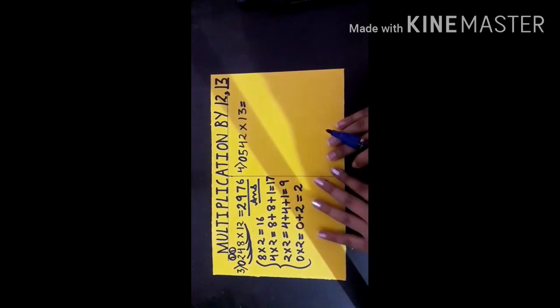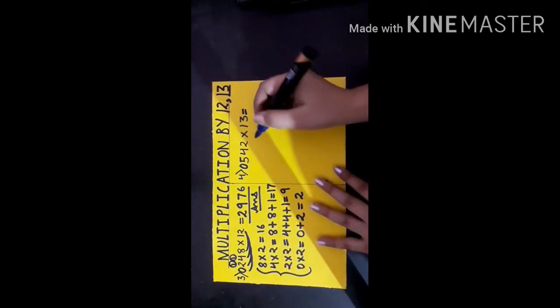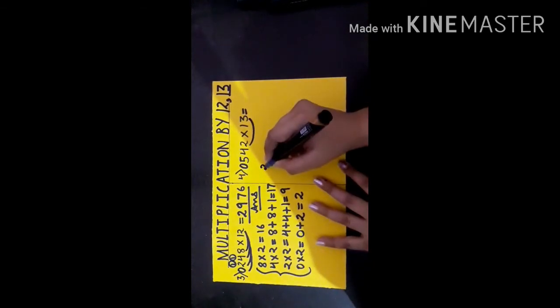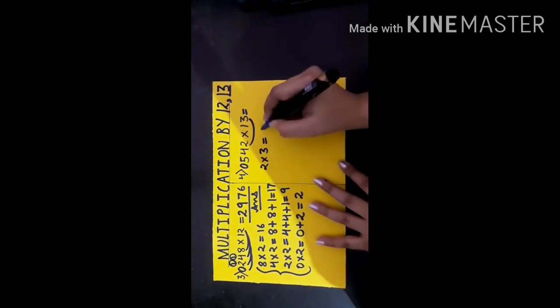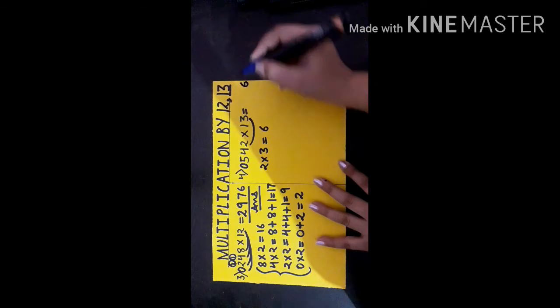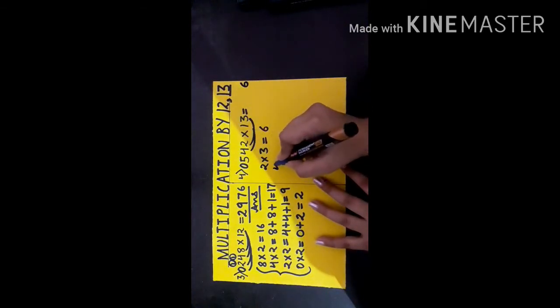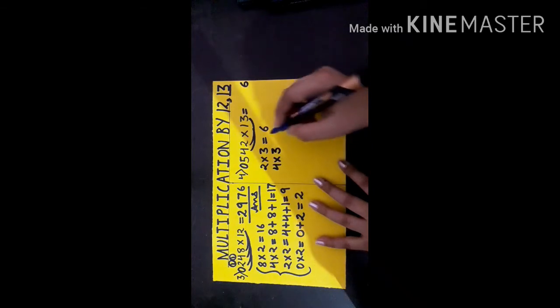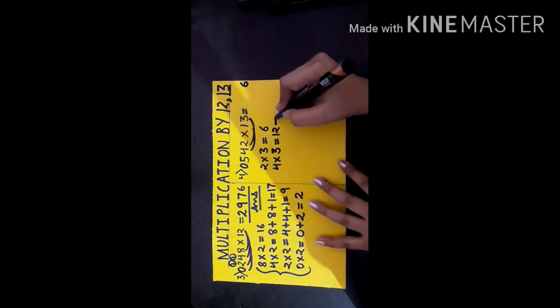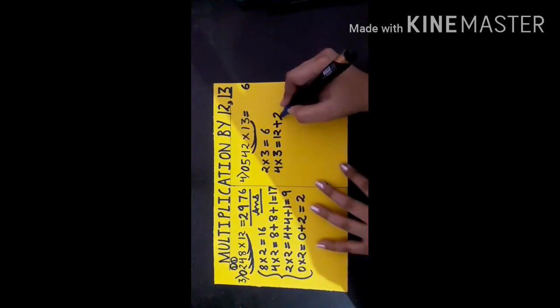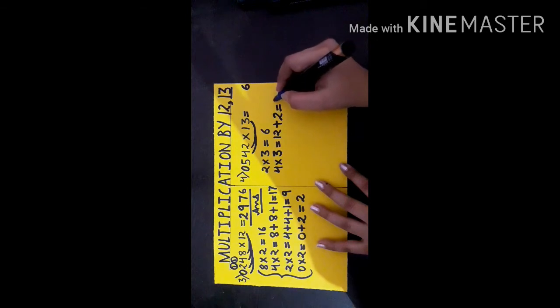So now we will take our next example. 2 into 3. 3 2s are 6. 6 will go here. Now next, 4 into 3. 4 3s are 12 plus the right hand side number which is 2. Answer is 14.